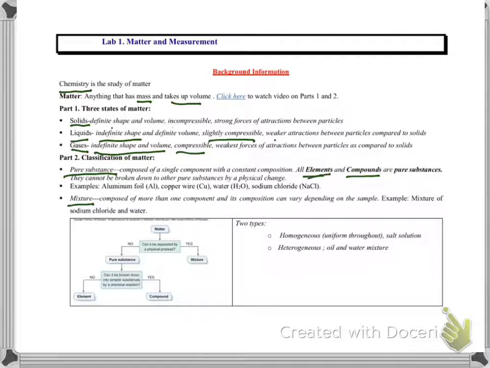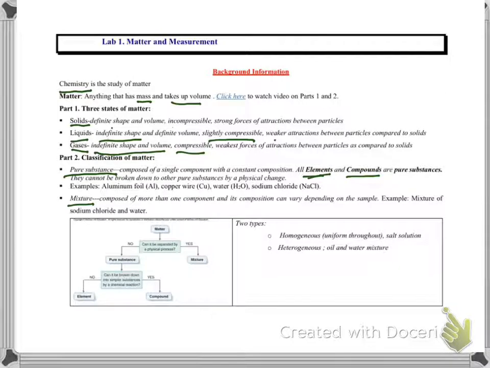All the elements that you see in the periodic table are pure substances and they cannot be broken down into other pure substances by any change. For example, aluminum foil is made up of aluminum and there is no other element in it. Copper wire is just made up of copper. If you cut the copper wire into pieces, it's still going to be copper.